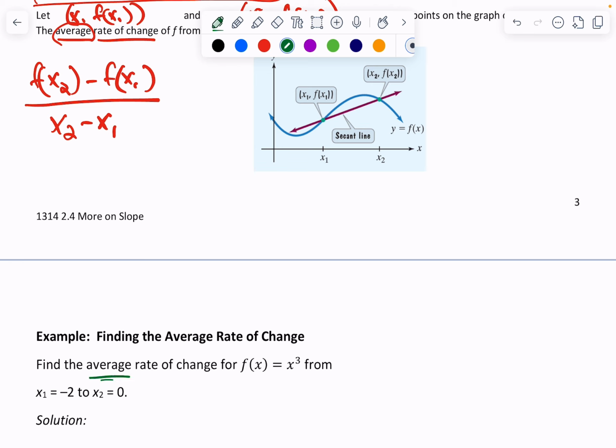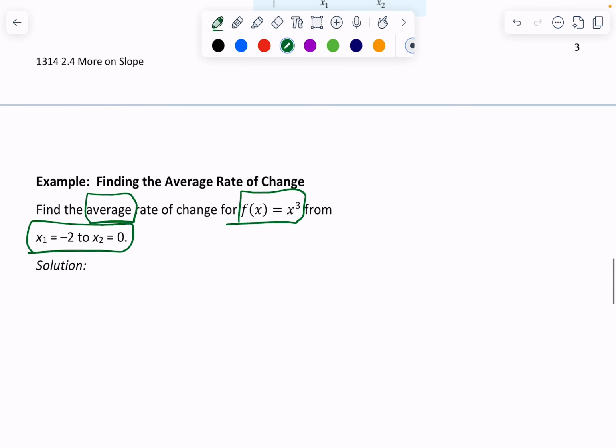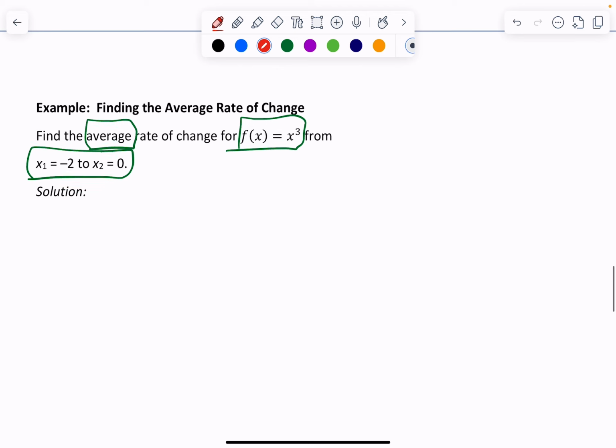Again, it's the average rate of change for f of x equals x cubed from x1 equals negative 2 to x2 equals 0. So what we're going to do, our average rate of change, like we just wrote on the previous page, is f of x2 minus f of x1 divided by x2 minus x1.